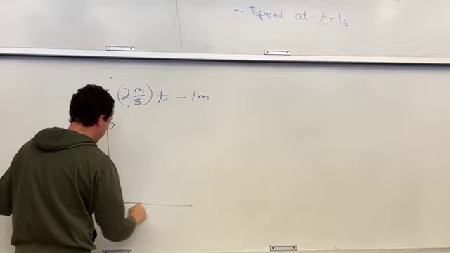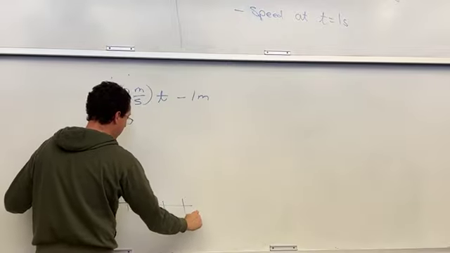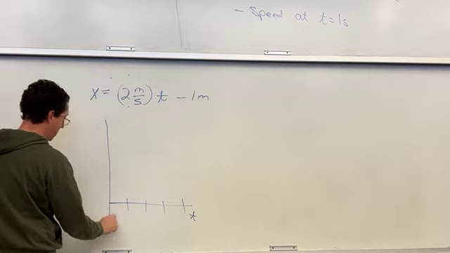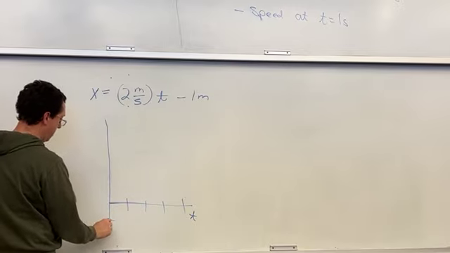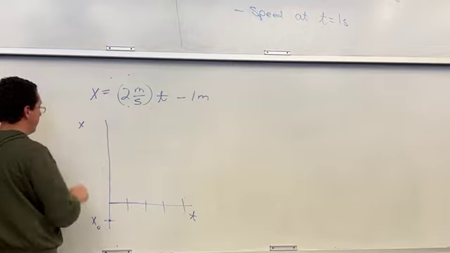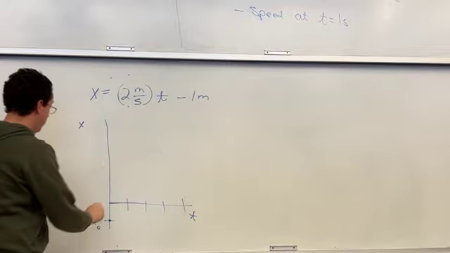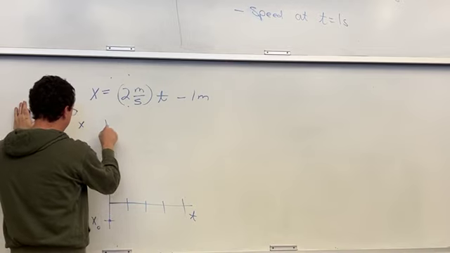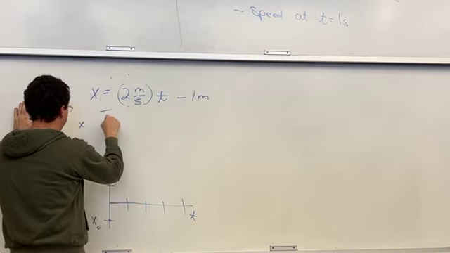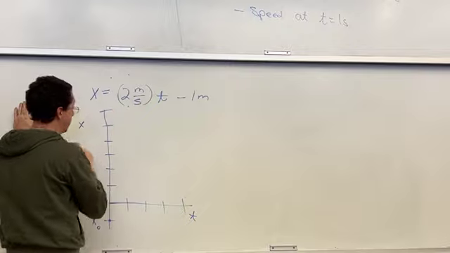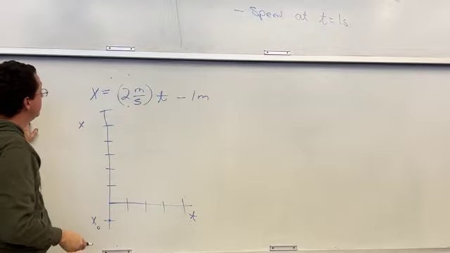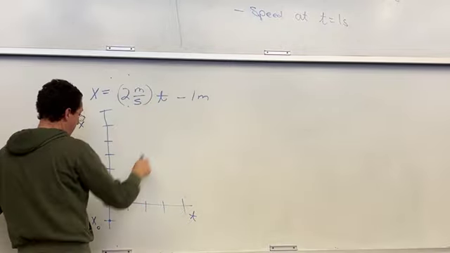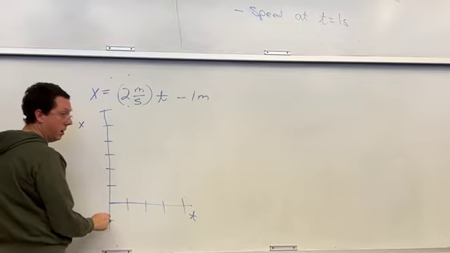Try that again. 1, 2, 3, 4 for time. -1 for x0. 1, 2, 3, 4, 5, 6. It's close, won't quite fit. All right. Now, at time 0, it's down here at -1.